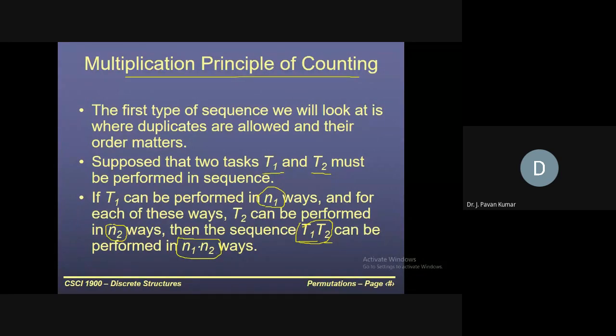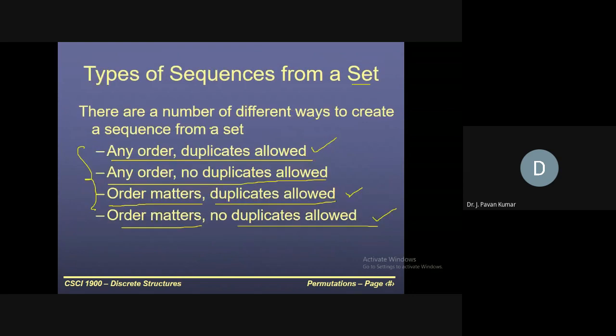So we are considering duplicates, and of course order also matters, because T1 is followed by T2. So this is the first example of these four possibilities.